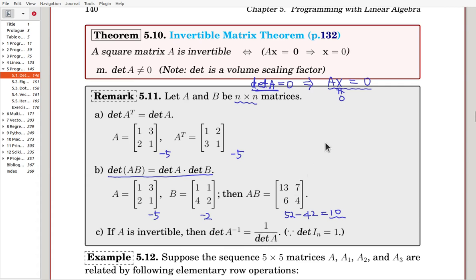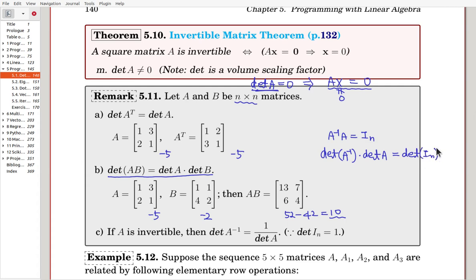Okay, we can see it quite easily. Now, A inverse times A must be the identity matrix in n dimension. By using this fact, the determinant of A inverse A is the same as the determinant of A inverse times the determinant of A. Now, the right side is the determinant of the identity.